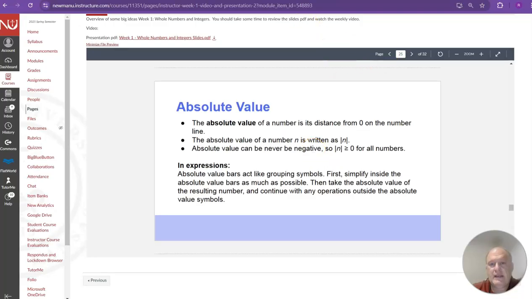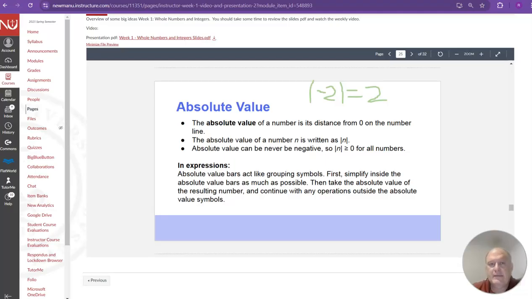The way that looks is like this. Absolute value is written like this. So the absolute value of negative 2 equals 2, because negative 2 is 2 units from 0.